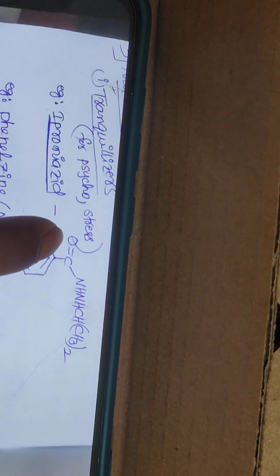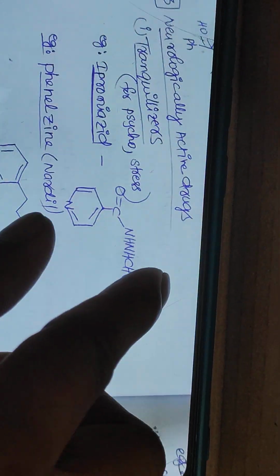Examples for tranquilizers are iproniazid and phenelzine. If you observe, this is the structure of iproniazid.